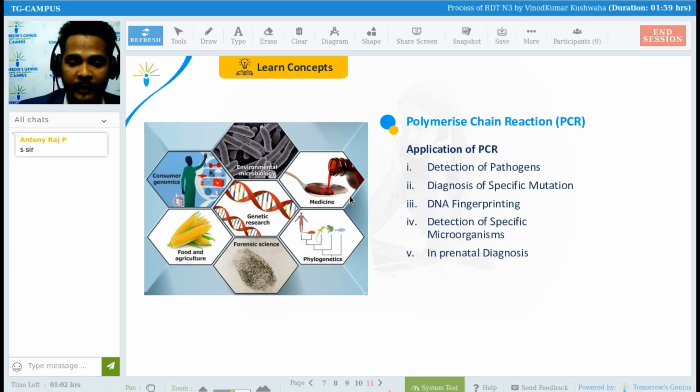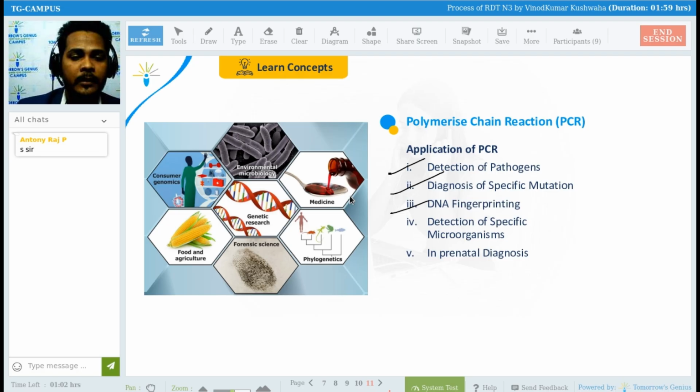So it detects the pathogen, the very first application. Second, diagnosis of specific mutations. Like suppose any pathogen becomes a mutant, that can be easily diagnosed with this PCR. DNA fingerprinting, no doubt.